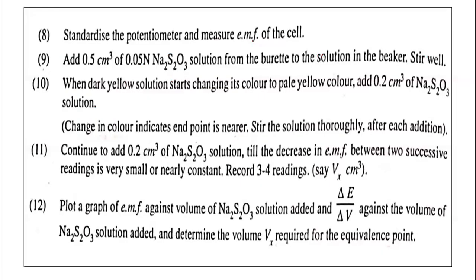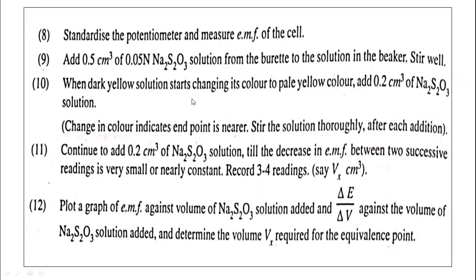After this, when we are titrating that copper sulfate solution with sodium thiosulfate solution from the burette, the dark yellow solution starts changing its color to pale yellow because a reaction has taken place.